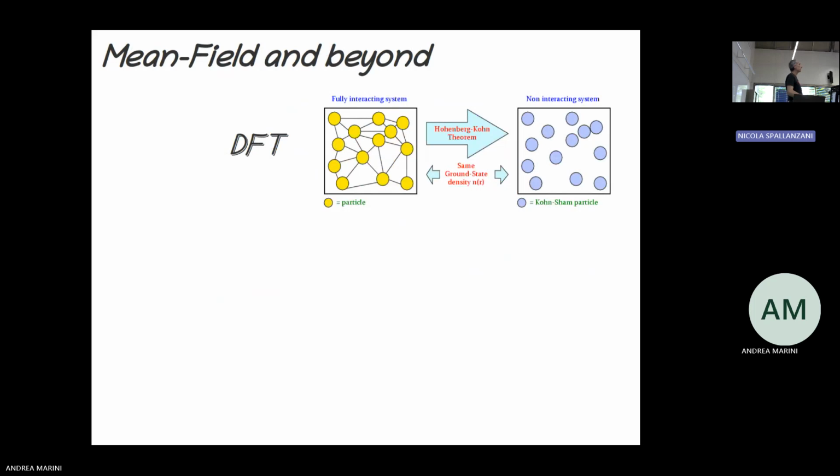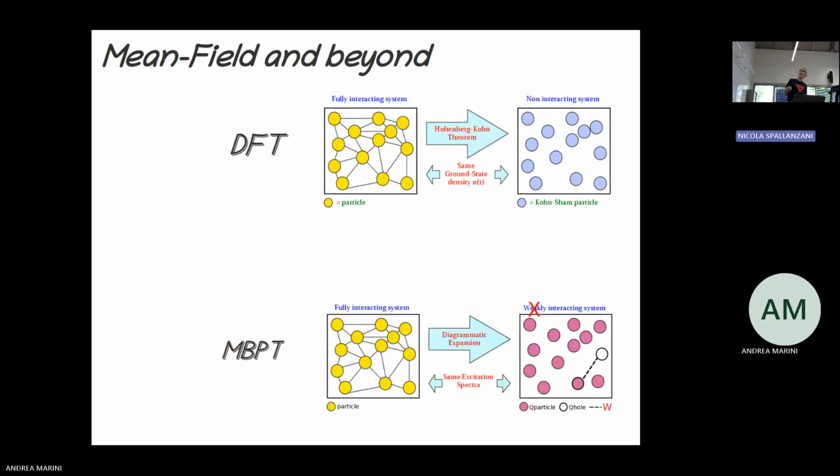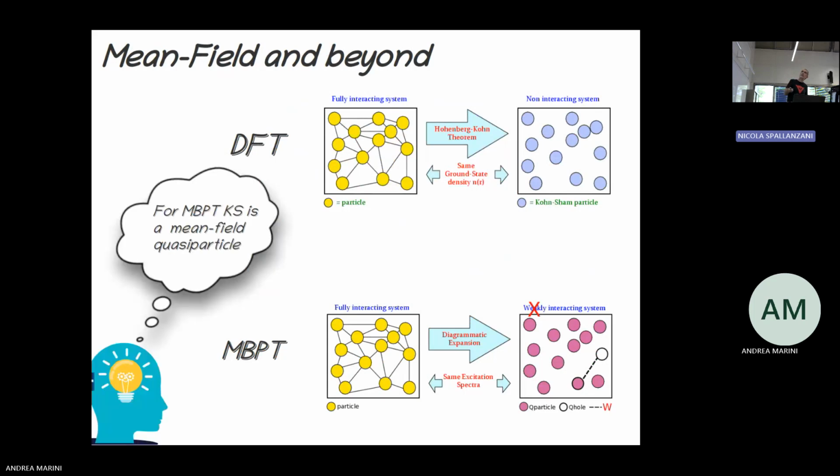You can use current density functional theory to calculate the current, but in general you have no access to excitations. With many-body, using what we will introduce as the diagrammatic expansion, you rewrite the problem as another effective problem with the same excitation spectrum. So you see, same ground-state density, same excitation spectrum.